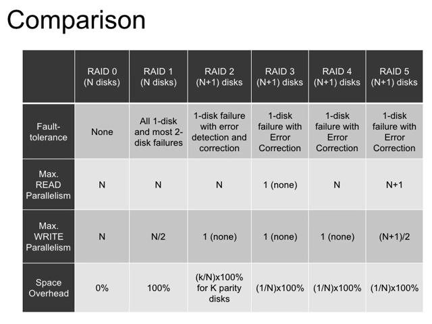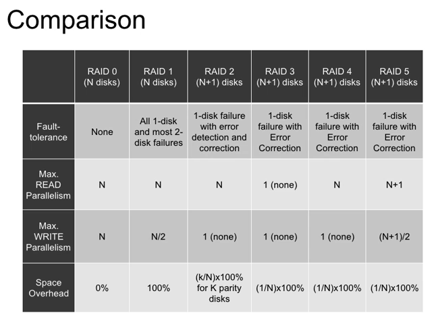With RAID 5, you can perform n plus 1 read operations at a time because there's no longer a dedicated parity disk. But as far as write operations are concerned, you can only perform n plus 1 by 2 write operations at any time. So as you can see, there are various degrees of read and write parallelism across different RAID levels.